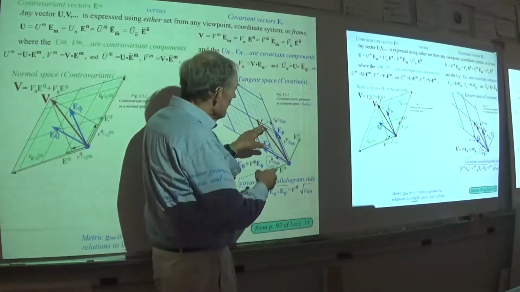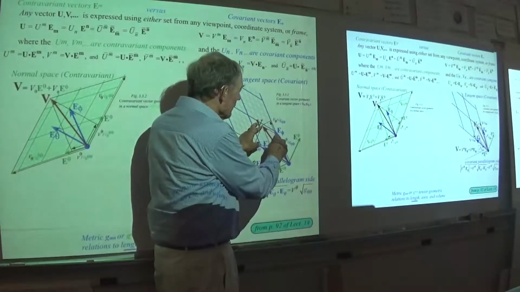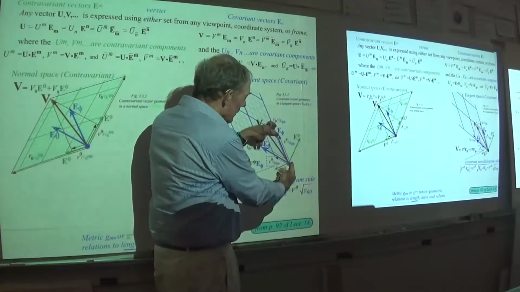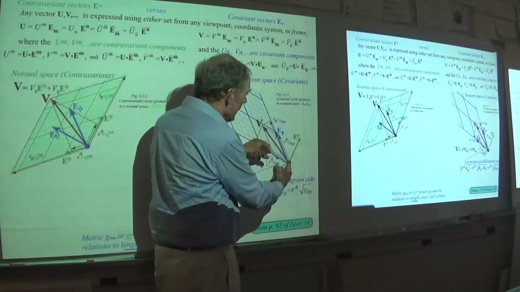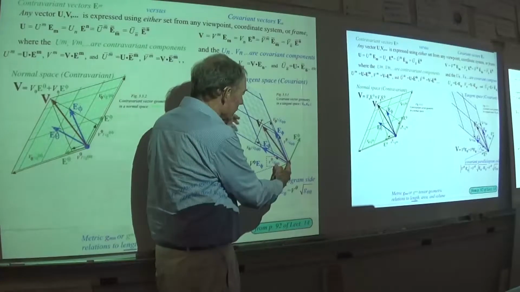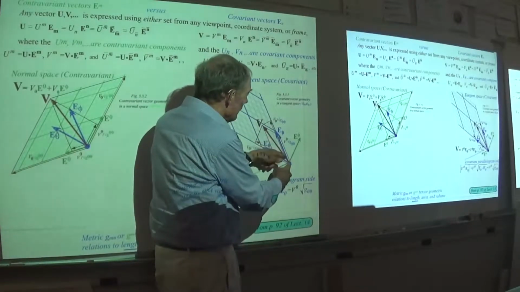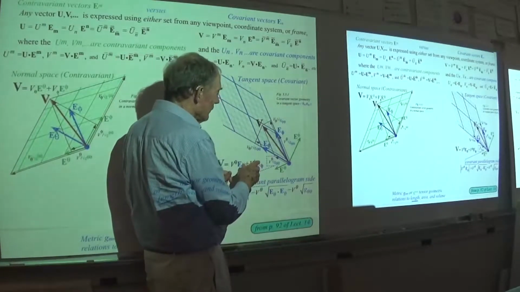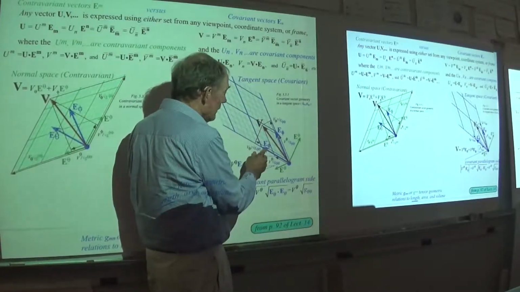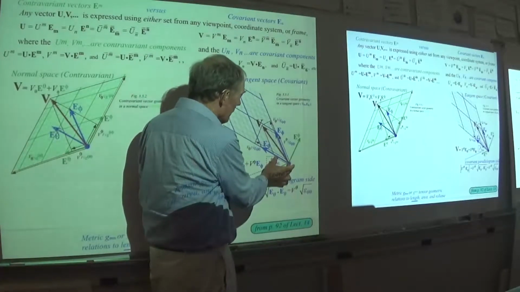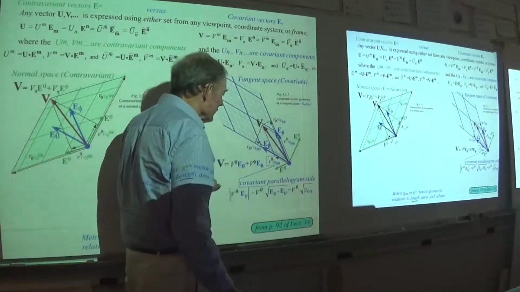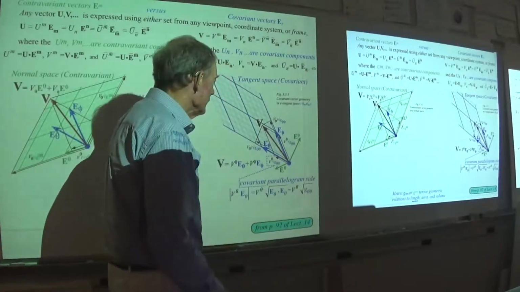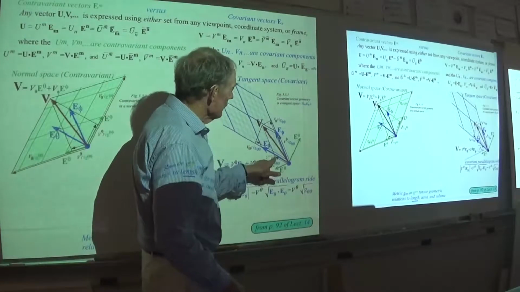You can either drop along the line, make a parallelogram here, and say that this vector here is a combination, with some components that we're about to calculate, of a vector that's proportional to E sub phi, the covariant phi, and then E sub theta, the covariant theta, has another one. The parallelogram side is important in order to do that.